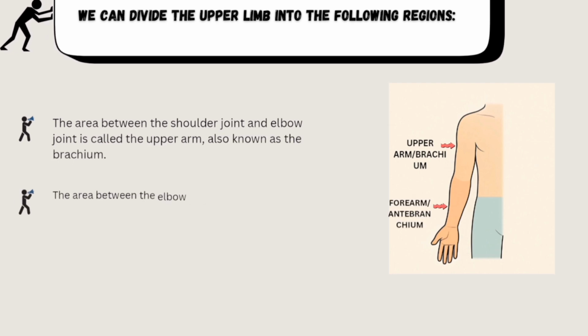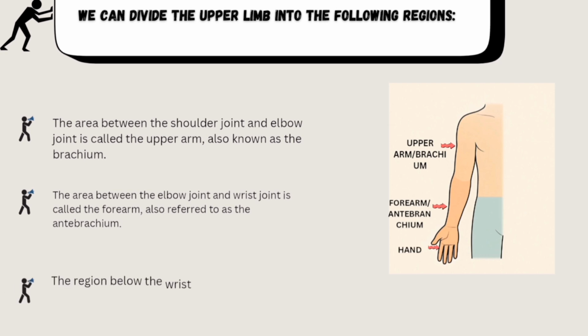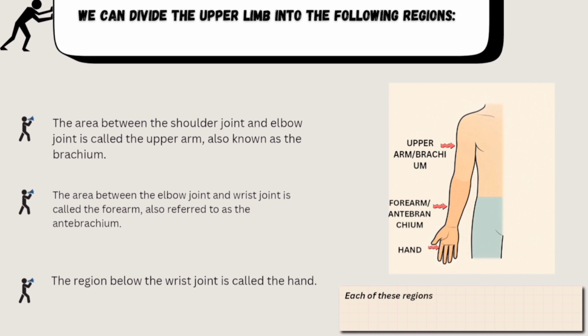The area between the elbow joint and the wrist joint is called the forearm, also referred to as the antebrachium. The region below the wrist joint is called the hand. Each of these regions contains bones, muscles, nerves and vessels that work together to allow movement and functions.